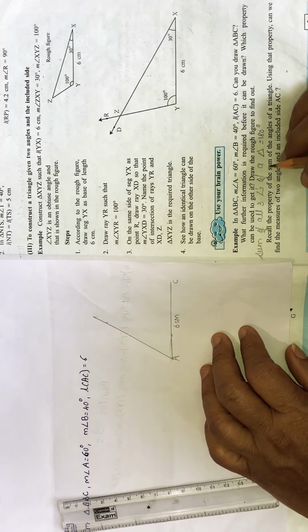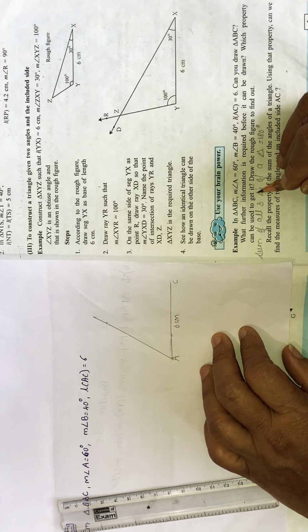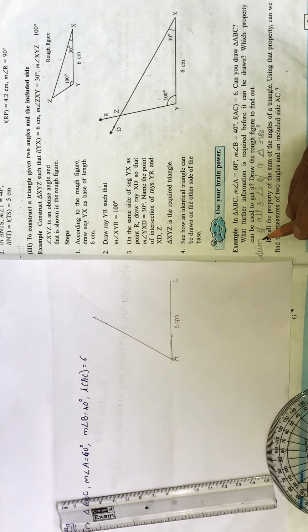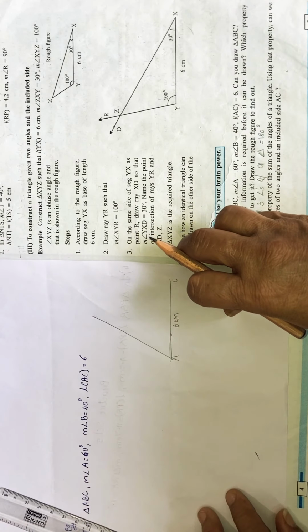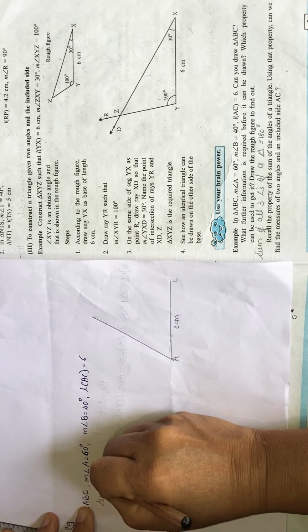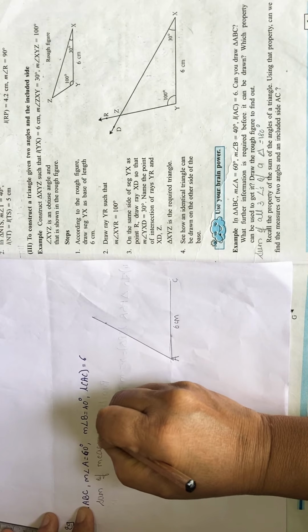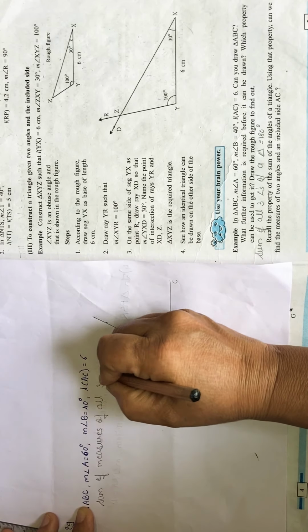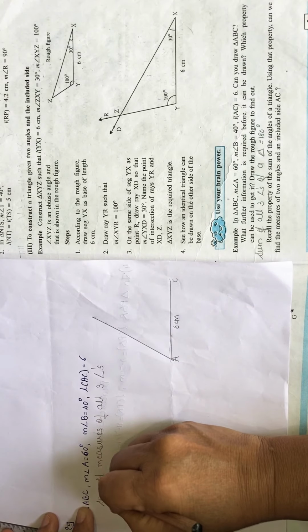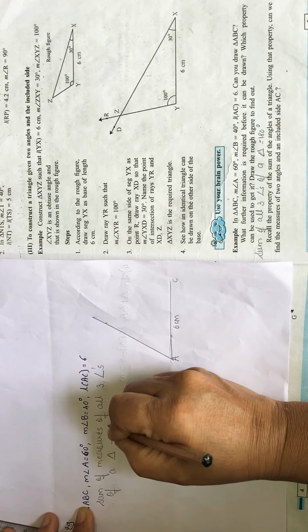So what further information is required here? And which property can be used to get it? Here you have the property that the sum of the measures of all 3 angles of a triangle is equal to 180 degrees.